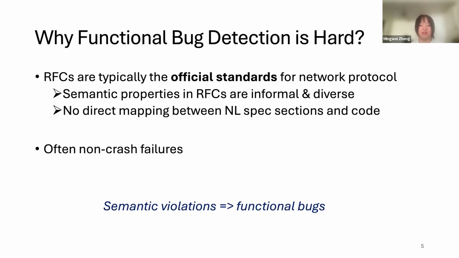Also, unlike memory bugs, these semantic violations, or functional bugs, sometimes don't directly crash the system, but they still break semantic correctness. This makes these bugs even harder to detect.